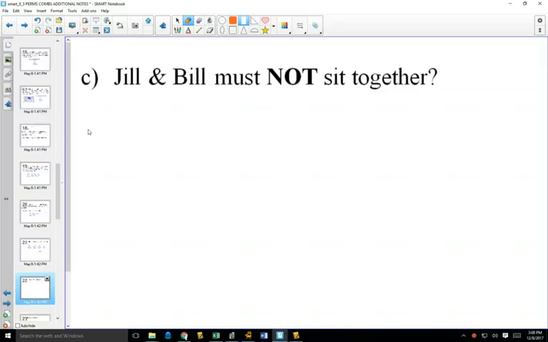But this is an example of where the not strategy becomes really important. Because it's hard to figure this out. If you just tried to do the spaces, anybody could sit here, right? You'd have 5 choices. But if you chose Jill, then this can't be Bill. But if you didn't choose Jill or Bill, then this could be anybody.